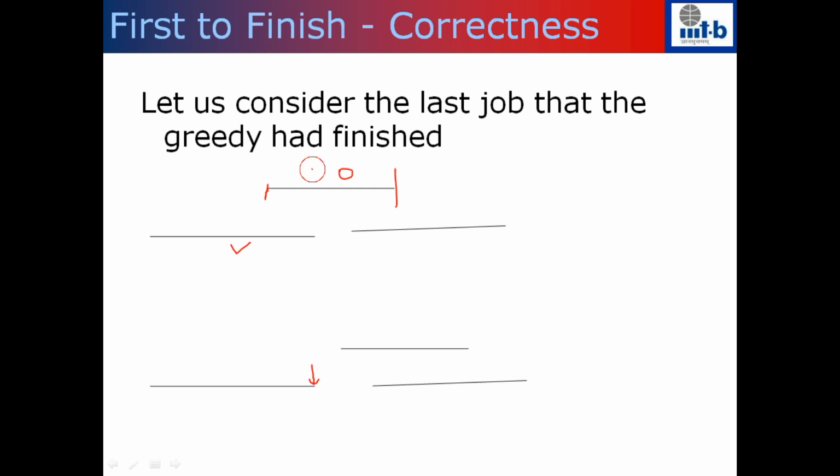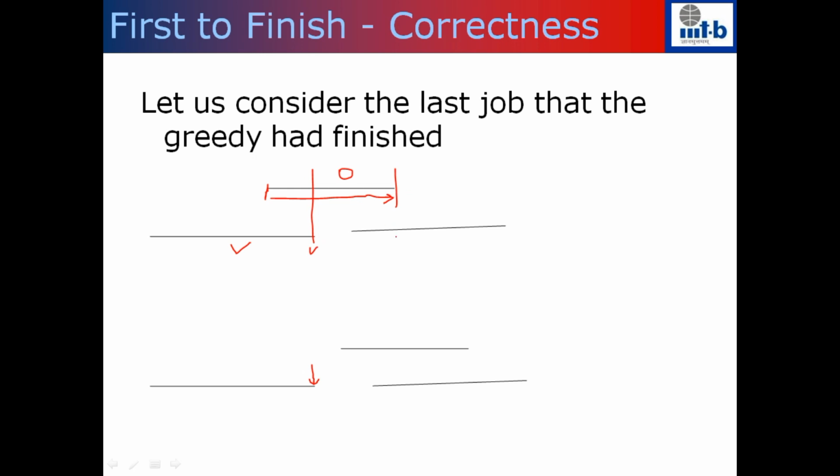Let's say that this is the case, if the job has gone up here. During this entire period till t0, the number of jobs finished by the greedy is the same, because it's not finishing any job, and the number of jobs finished by the optimum is the same because it's not completing any job. But at this point of time, the number of jobs finished by the greedy algorithm increases by 1.